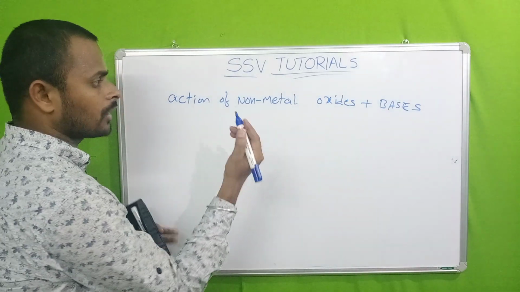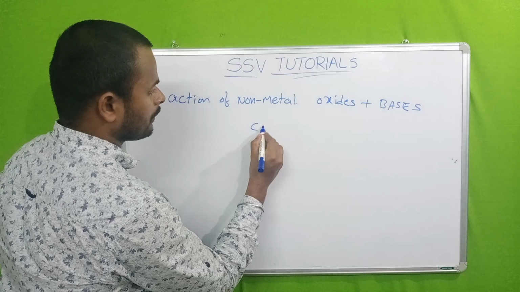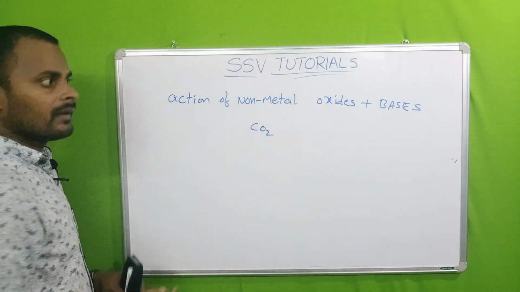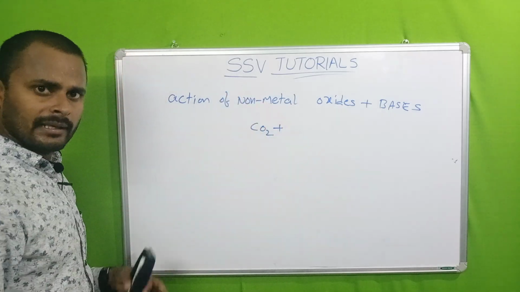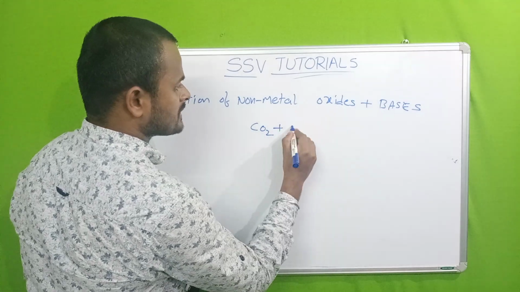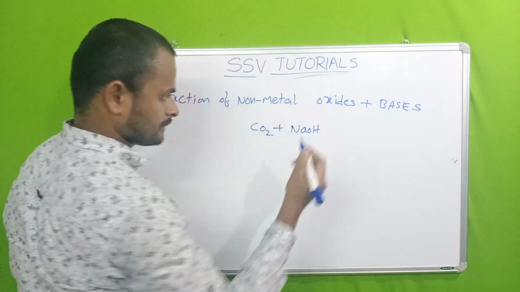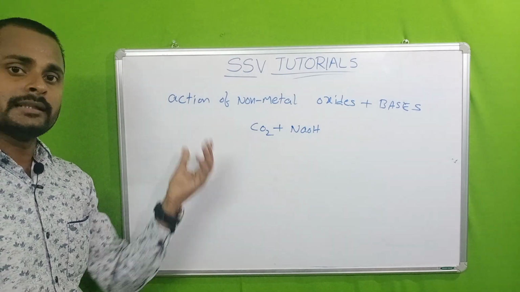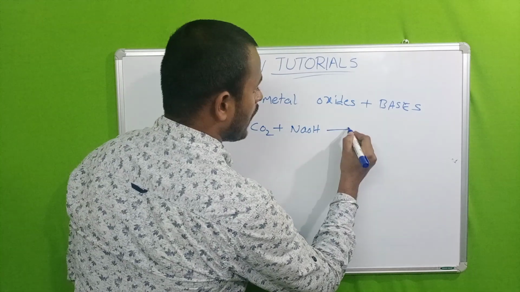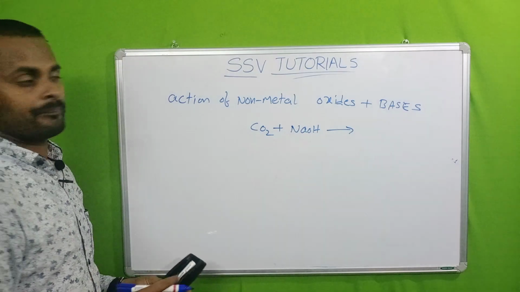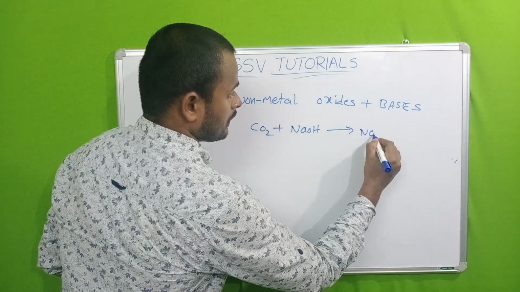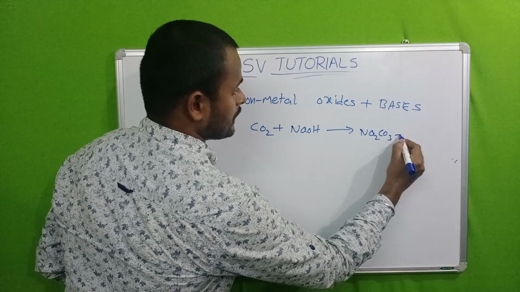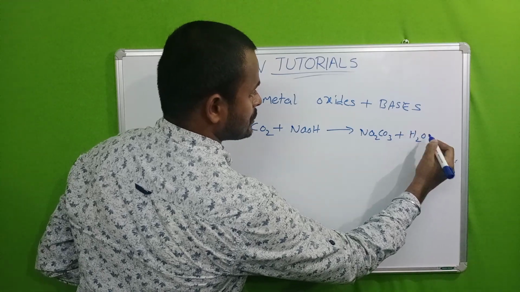Take a non-metal oxide, for example carbon dioxide. Take a base, any kind of base, for example NaOH. Here NaOH is a base and CO2 is a non-metallic oxide. What products are formed here? Here the products are Na2CO3 plus H2O.